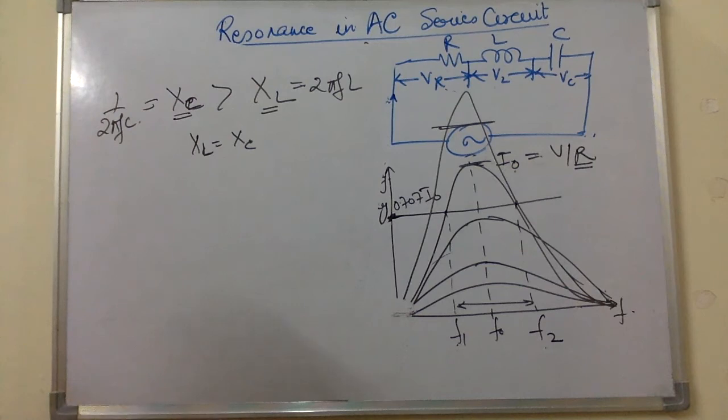So we can say that below resonant frequency, the circuit is capacitive in nature and the power factor is leading. And above the resonant frequency, the circuit is inductive in nature and the power factor is lagging. And at resonance, the power factor is unity.